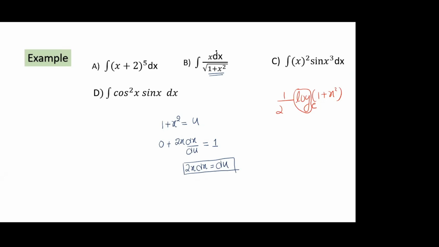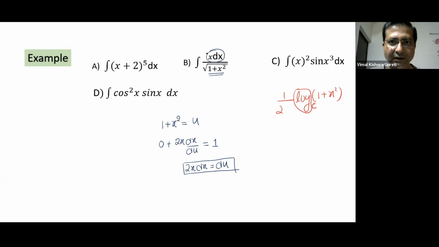So in place of x dx, I can write du by 2, right? And then here I am getting under root u, because this I assumed as u. If I can integrate this, I'll get the answer. Simple approach.